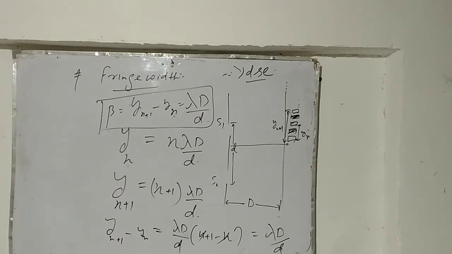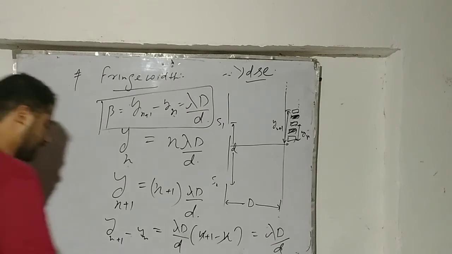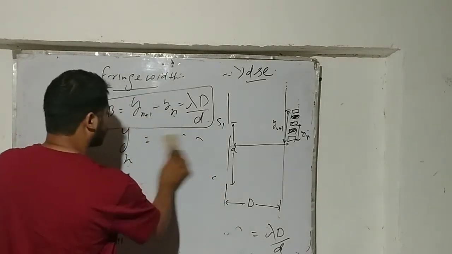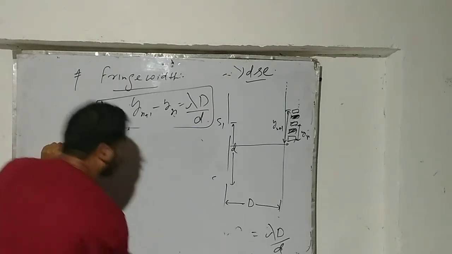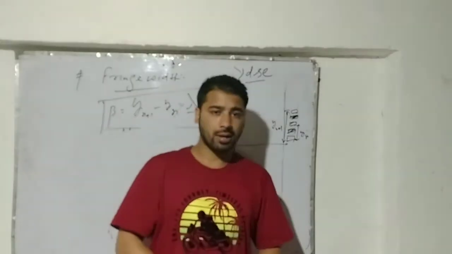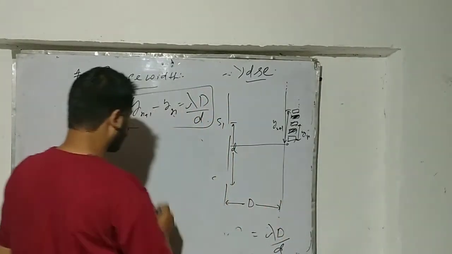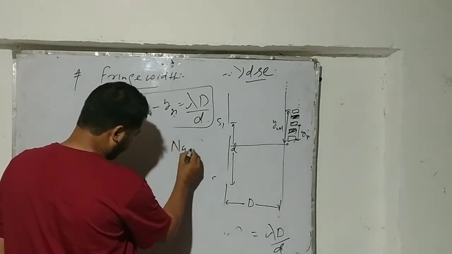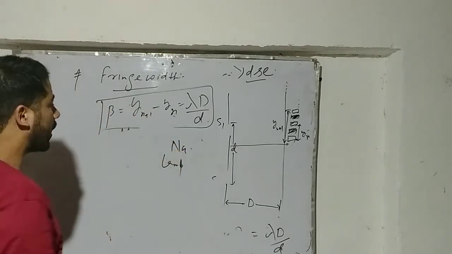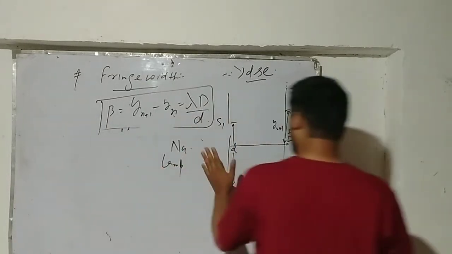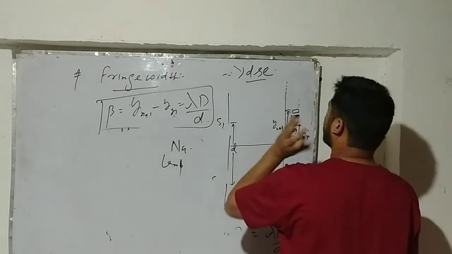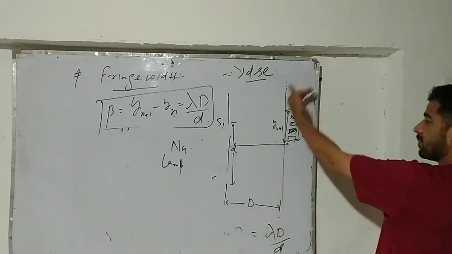But here I will do one simple conceptual problem. If it is given in a question, we have a source of light, a sodium lamp, which will act as the source of light and give some light rays. When we perform this experiment, we get some fringes.